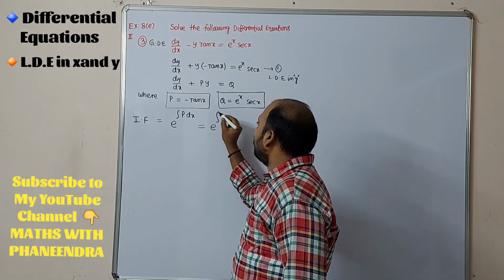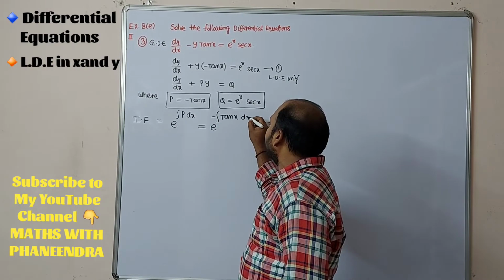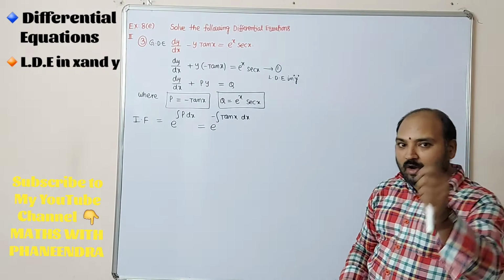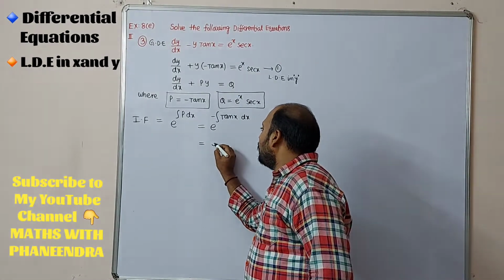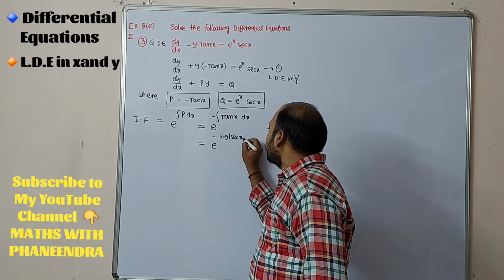So e power integral of minus tan x into dx, integral tan x is log mod secant x, so e power minus log mod secant x.